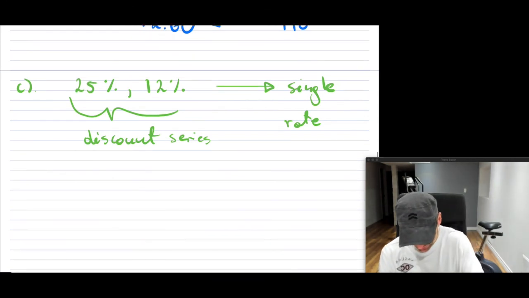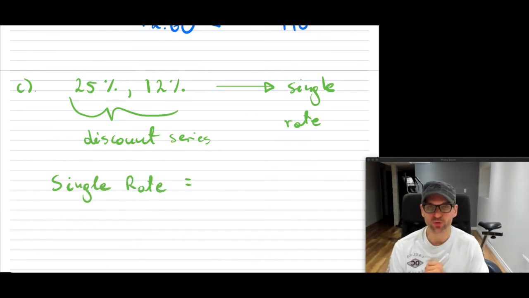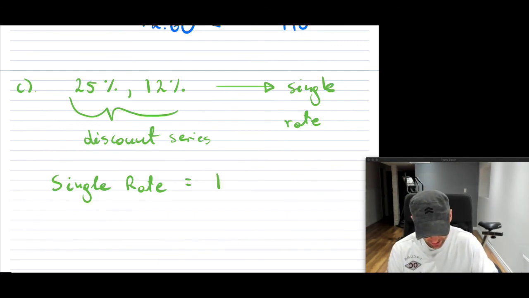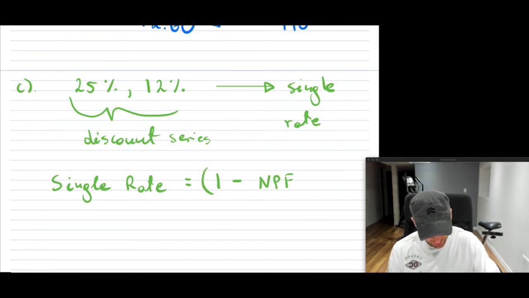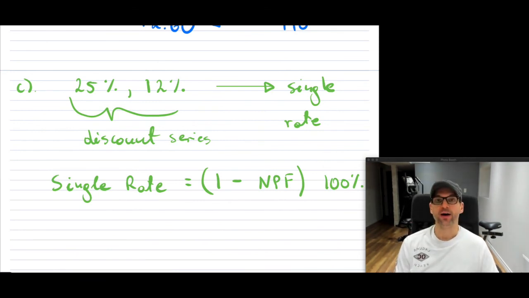And in order to find the single rate, this is equal to 1 minus the net price factor. And if you want it as a percent, you would multiply it by 100%. Now again, remember, what does the net price factor mean? The net price factor means how much you're paying for each dollar.